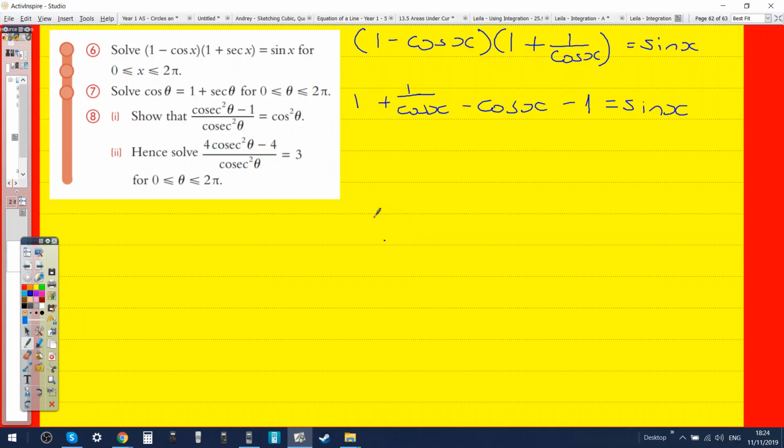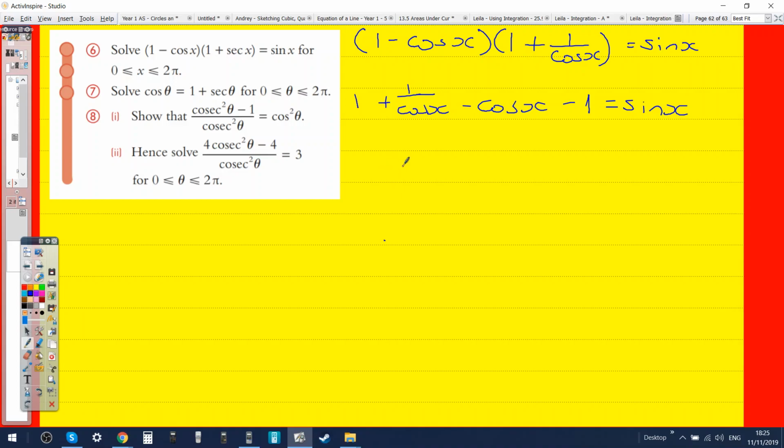Since it's equal to sin x, would we want to bring over the sin x? Yep. So would we do that before factorizing? Yes, because technically it was already factorized. Yeah. So we do 1 minus cos x, 1 plus 1 over cos x, all over sin x.